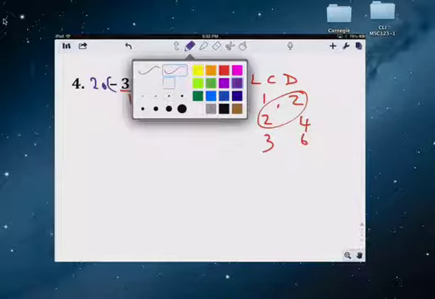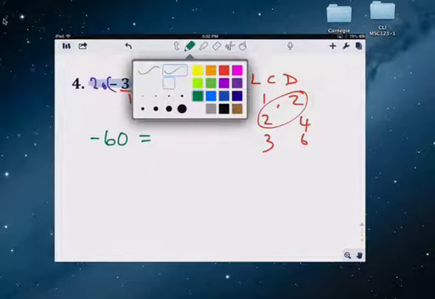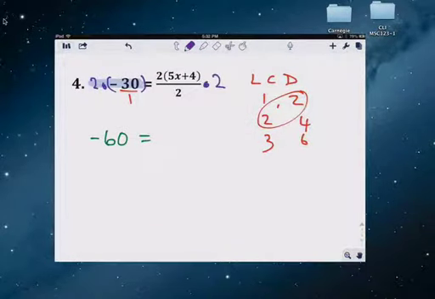So here it's just 2 times negative 30, which is negative 60, equals. Here you cross cancel the 2's, it becomes a 1 and a 1, and 1 times this 2 is 2, so that leaves everything here the same.